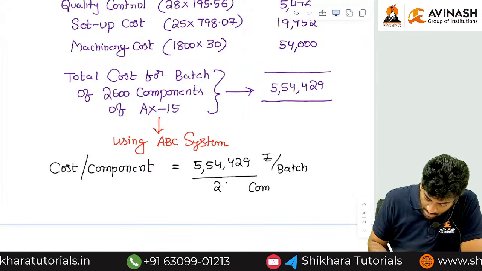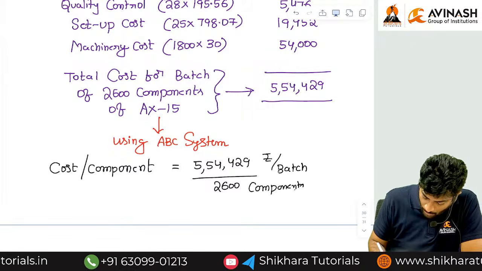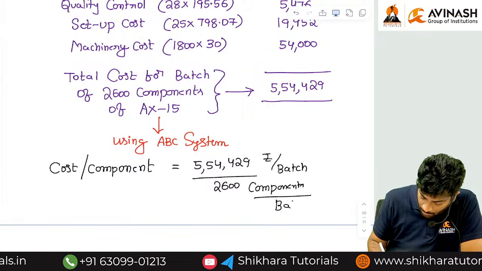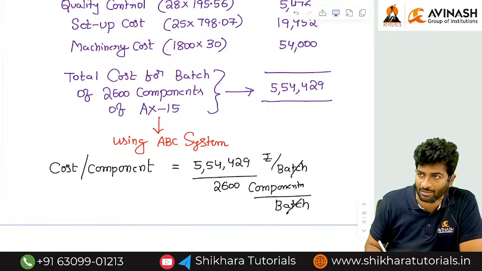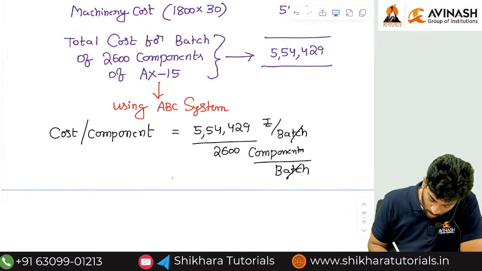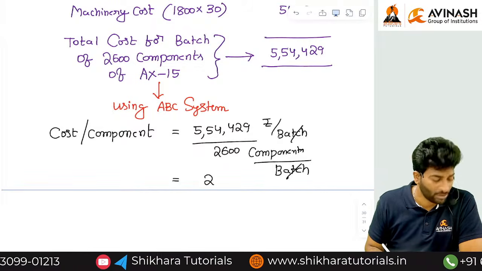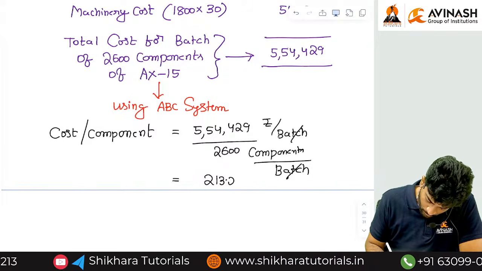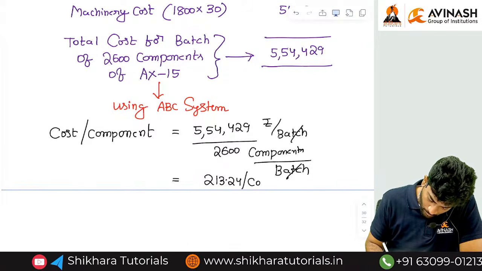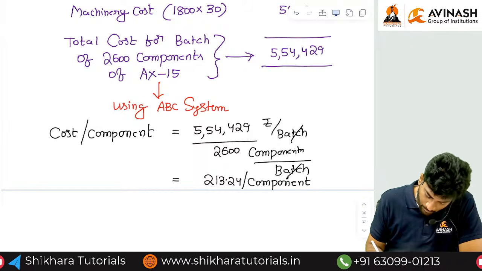Now 2,600 components per batch. Then get rupees per component. Is it clear? 213 point here.